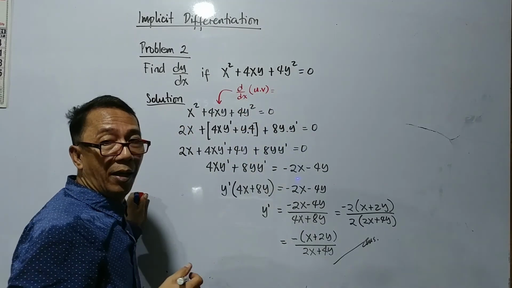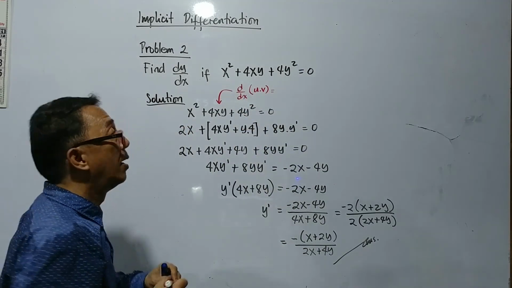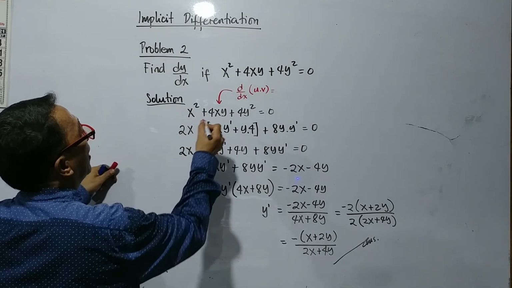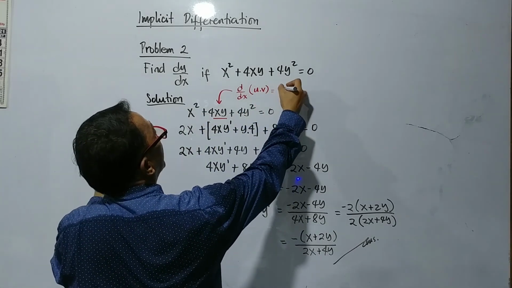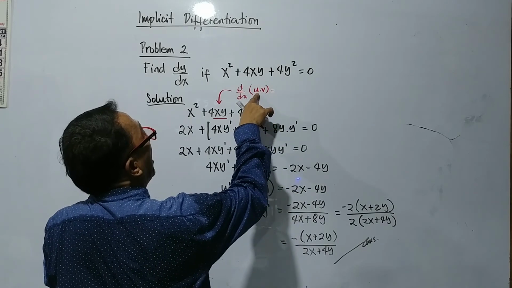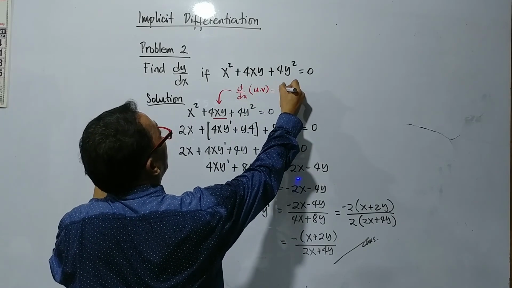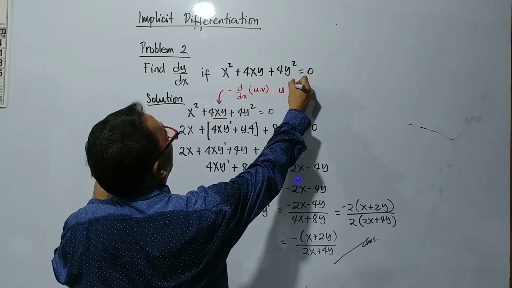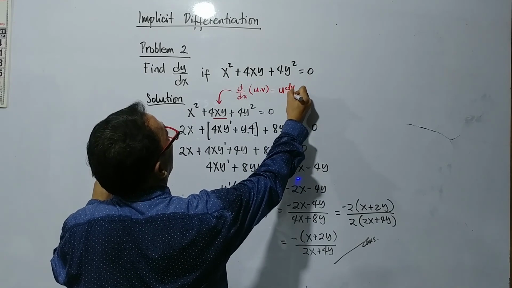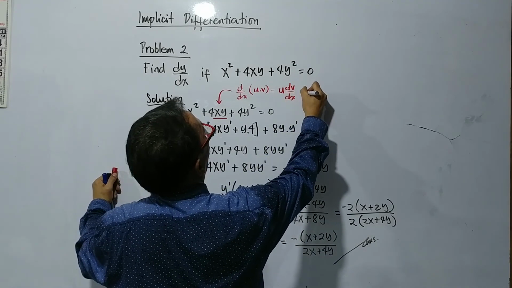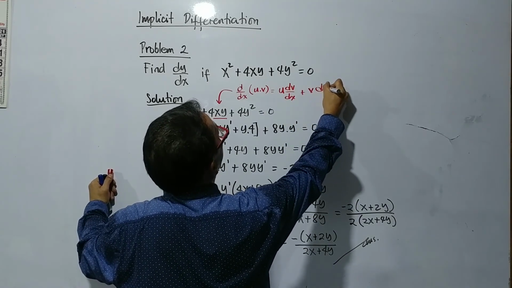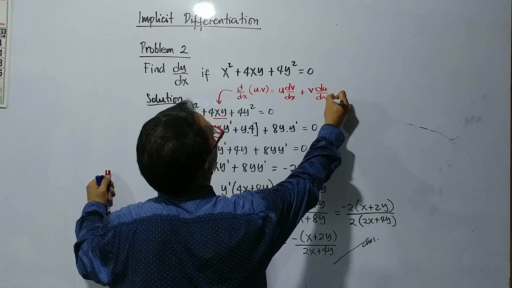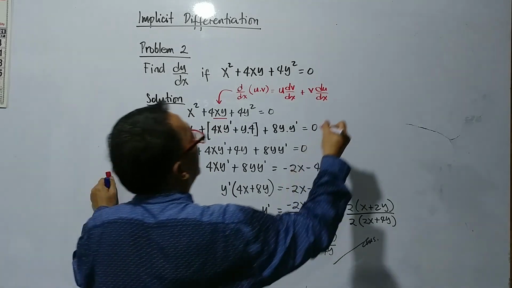Right, it's the product rule. There are two terms. This is the product rule. First, copy the first term, u. Differentiate the second. Plus, copy the second, differentiate the first. Product rule.